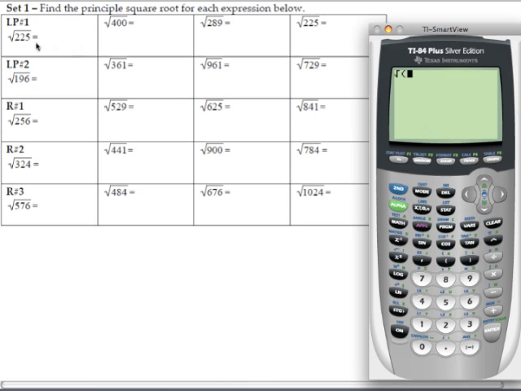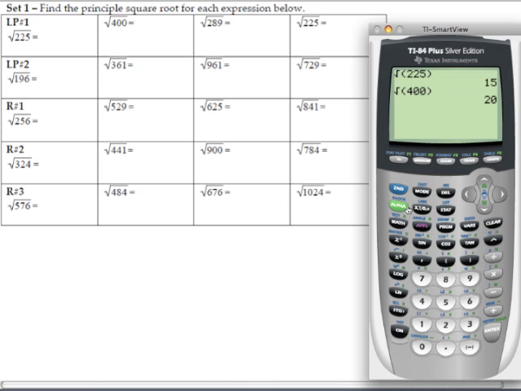And now I'm ready to enter in my 225. And I'm going to close this radical off by doing the right parenthesis and hit enter. And so we have 15 as our answer. Let's do the next one. Press second x squared, enter in 400, close your radical, and then hit enter, and that's 20.